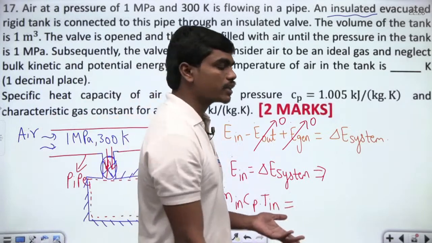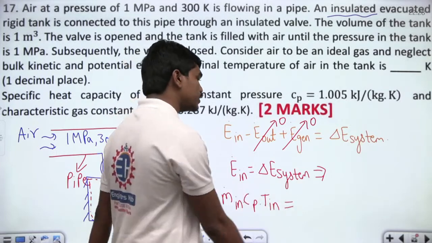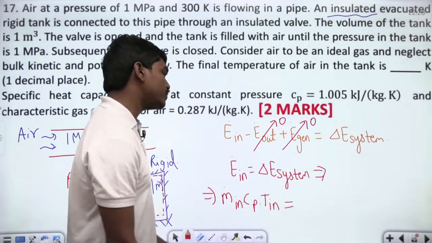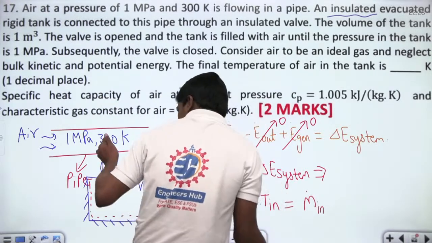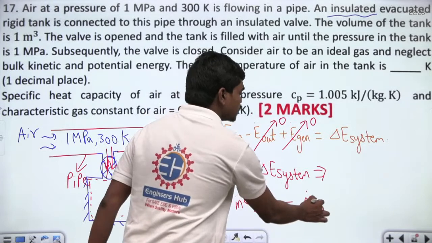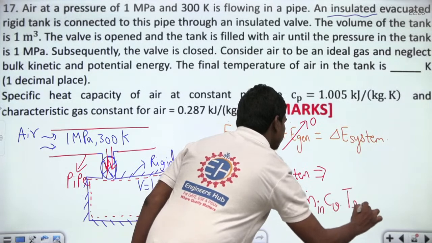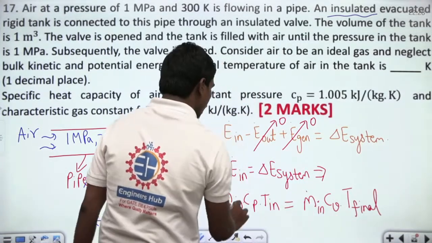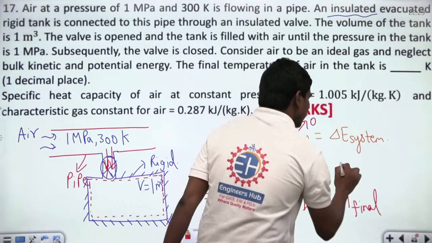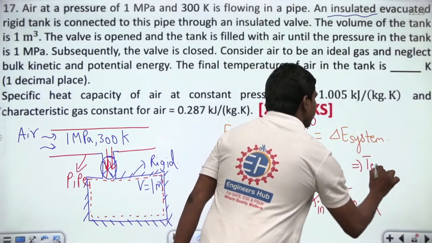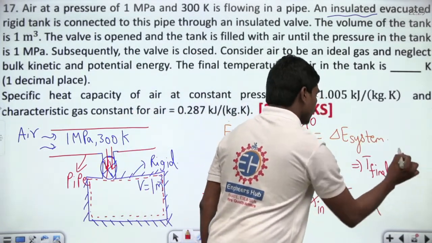So delta E, which is final minus initial, is nothing but the final energy of the system, which is m dot in times Cv times T final, because whatever mass comes in only settles inside. So m dot in gets cancelled, and Cp by Cv is gamma, so T final is nothing but gamma times T inlet.